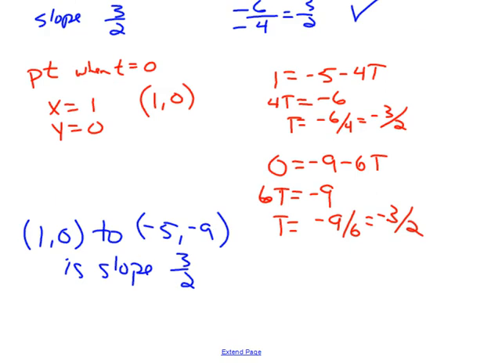If I do my 1 minus -5 over 0 minus -9, I get 6/9. So going from 1, 0 to -5, -9 does require a slope of 3/2. So those two points must be on the same line, and those two equations must be the same.